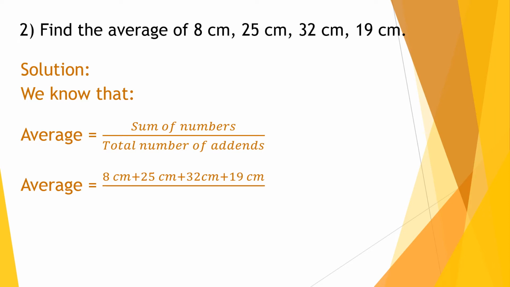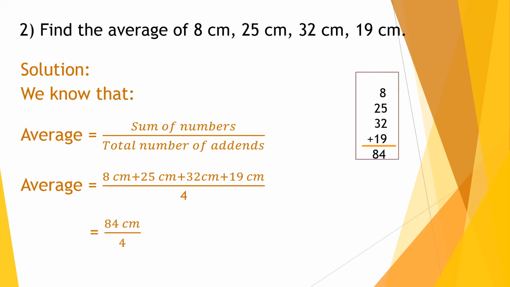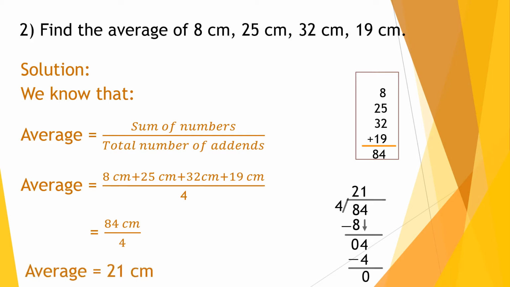Then count the total number of addends, 1, 2, 3 and 4. So divide by 4. Now find the sum of all the given numbers, which is 84 cm, and divide by 4. If we divide 84 cm by 4, we get 21 cm as average. So average is equal to 21 cm.